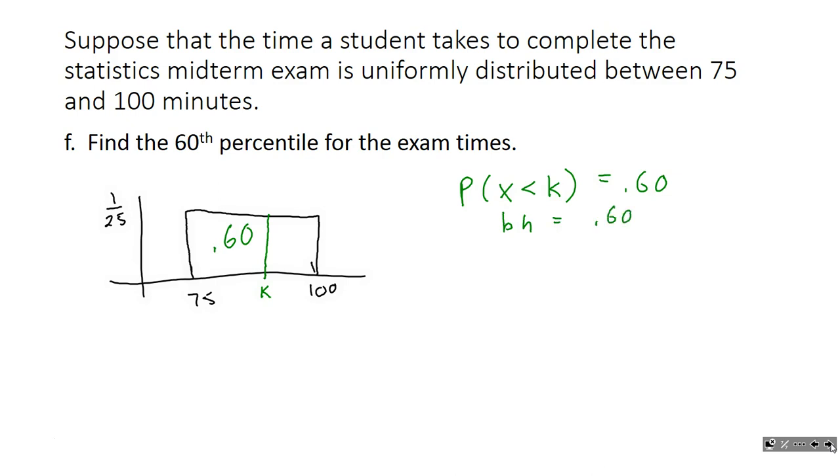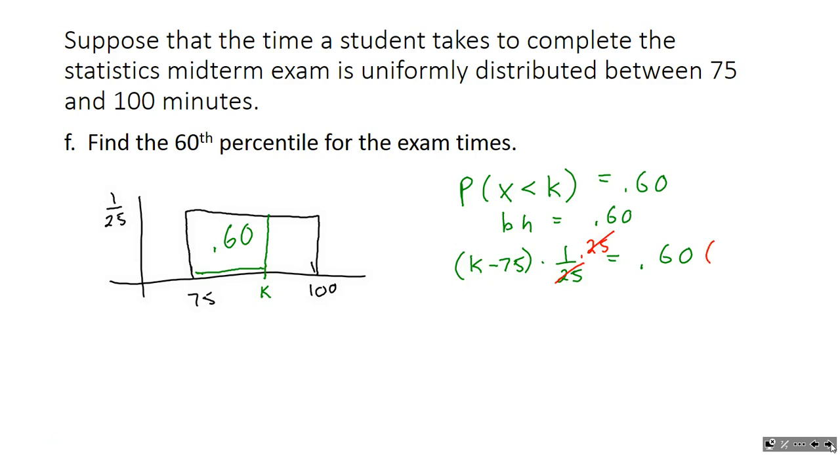Well, what is our base? Our base would be from 75 to k. Remember, you take the second value k and subtract the first value 75. So our base would be k minus 75. Our height would be 1/25, and that needs to equal 0.60. So we'll do a little bit of algebra here. The first thing I would do is multiply the left-hand side by 25 in order to cancel out that fraction.